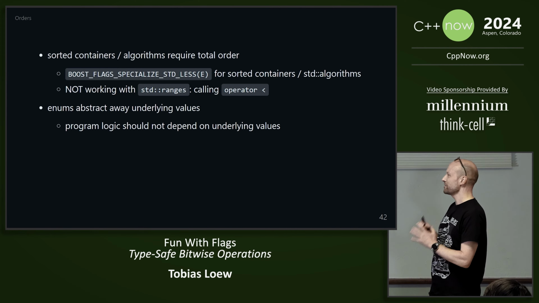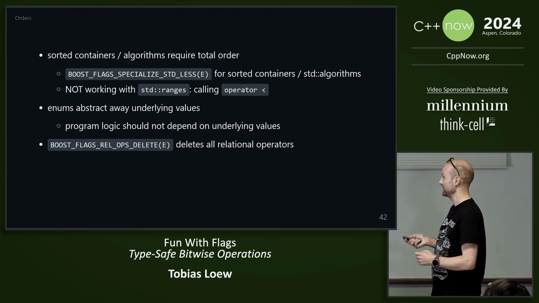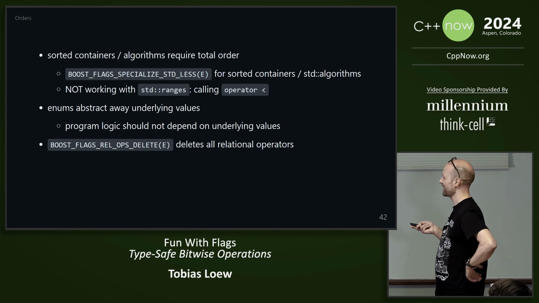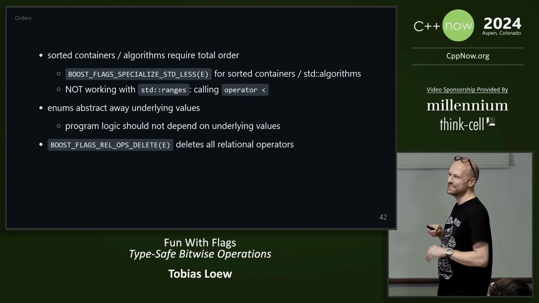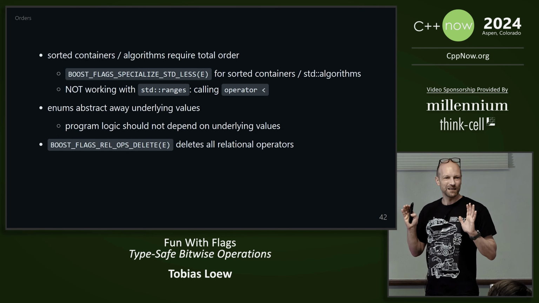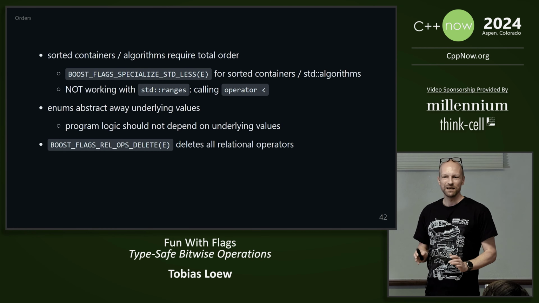Enums are there to abstract away the underlying values, so the program logic never should depend on the underlying value of your enum. So I made my favorite one, which you should use if you take the library: there is a macro which simply deletes all of the relational operators for your enum.